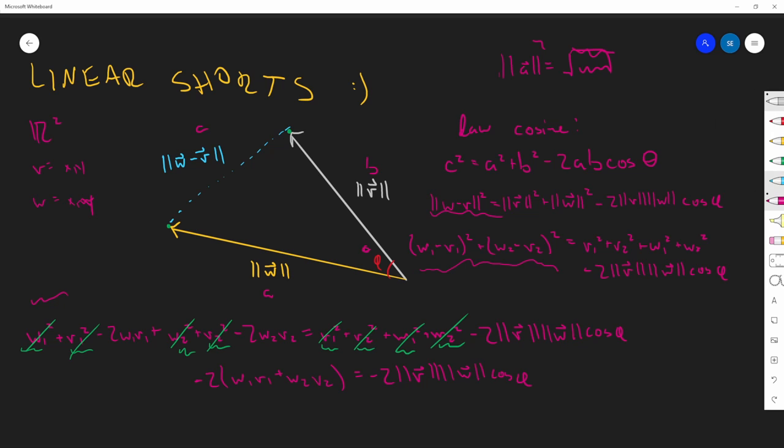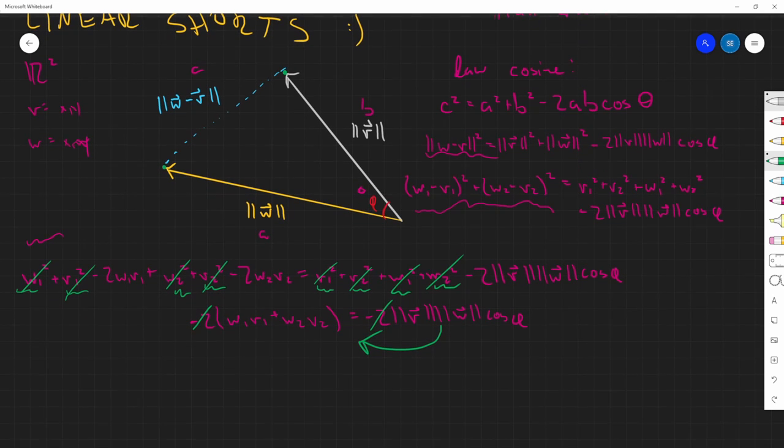You can take out that negative 2, divide both sides by negative 2, and then move the magnitudes to the other side. And so what we get is w1v1 plus w2v2 over the product of the magnitude of w and v, is equal to cosine phi.